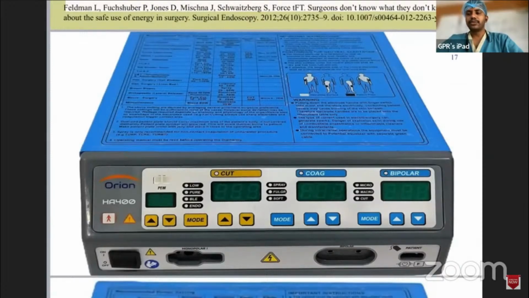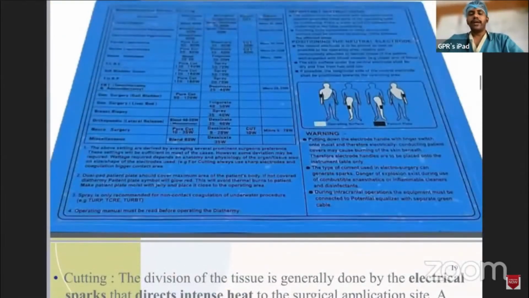I'll just explain this. When we have monopolar current passing through the electrode to the patient's body, there has to be a return electrode to carry the dissipated energy back to the electrosurgical unit. This happens via the electric pad, or ground pad, which can be placed as shown in the figure.